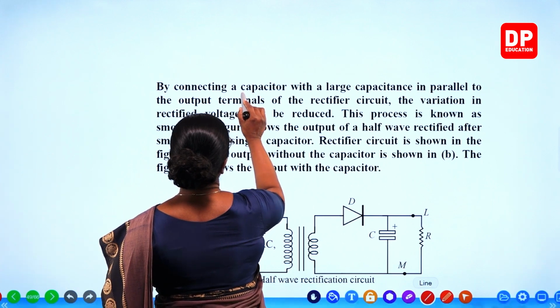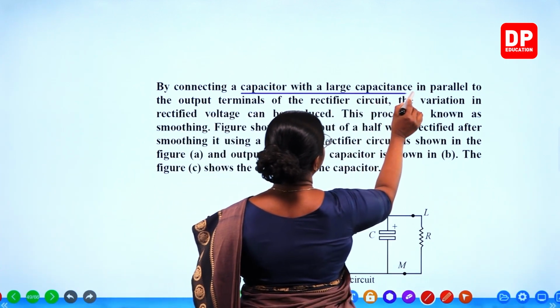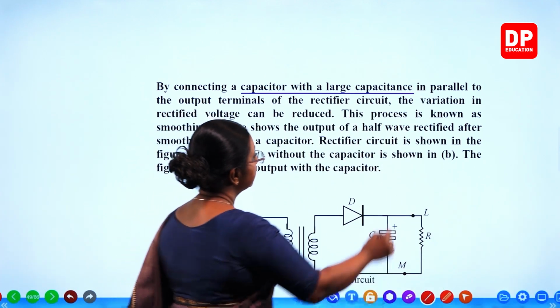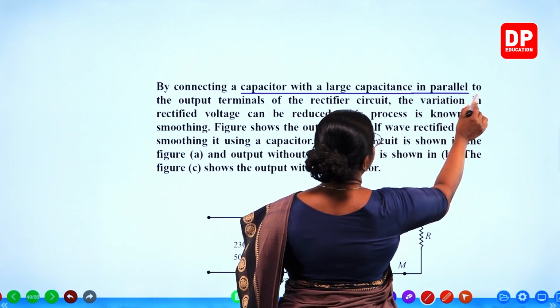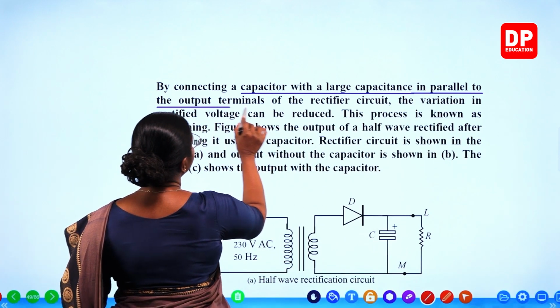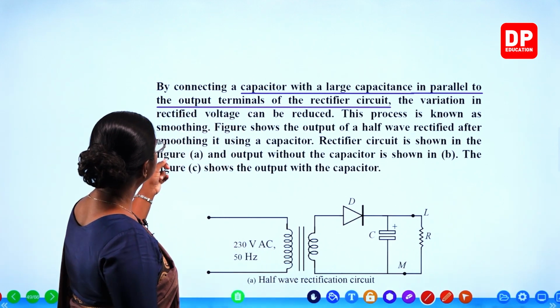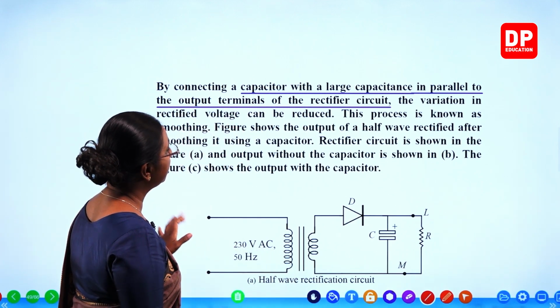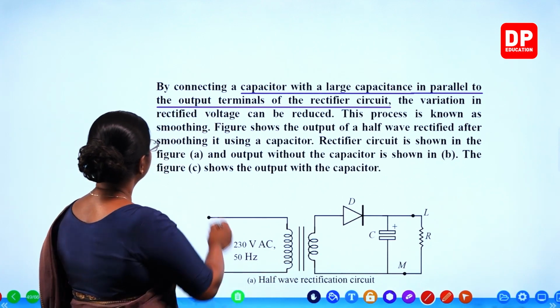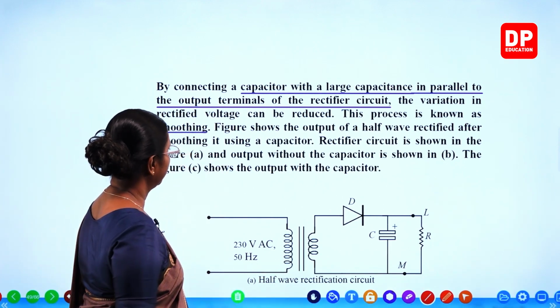So here, by connecting a capacitor with a large capacitance in parallel to the output terminals of the rectifier circuit, the variation in rectified voltage can be reduced, and this process is known as smoothing.